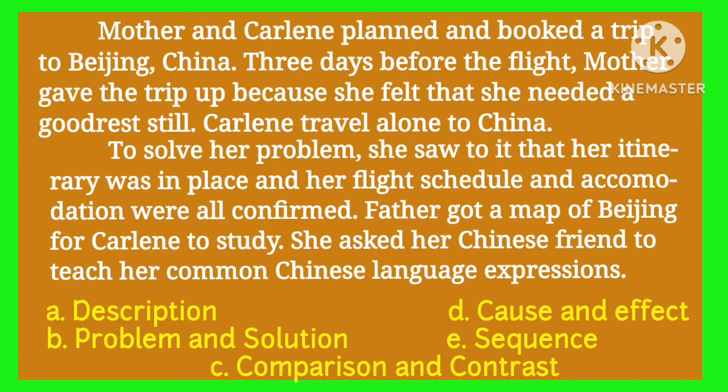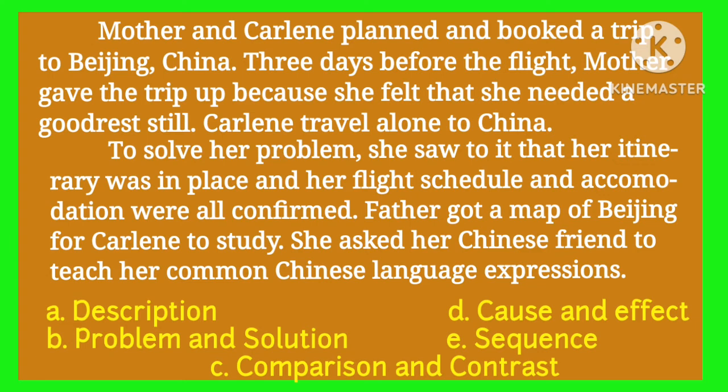Number 3. Mother and Carlene planned and booked a trip to Beijing, China. Three days before the flight, Mother gave the trip up because she felt that she still needed a good rest. Carlene traveled alone to China. To solve her problem, she saw to it that her itinerary was in place and her flight schedule and accommodation were all confirmed.